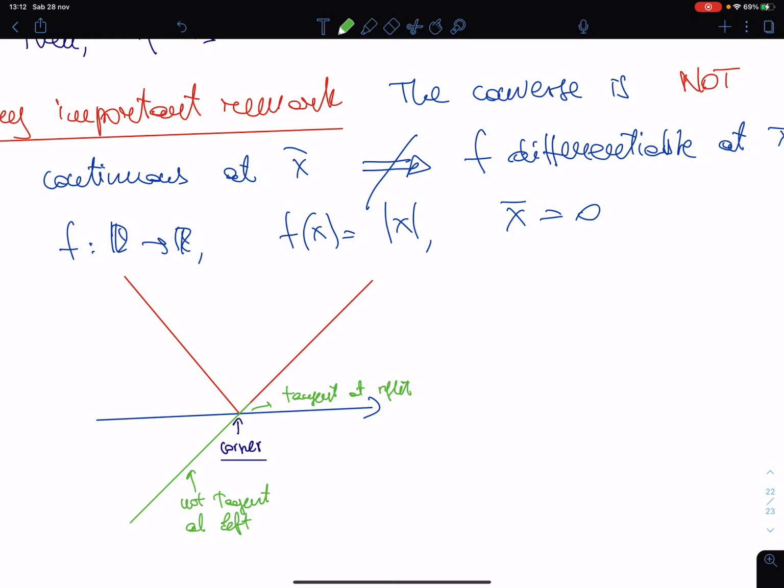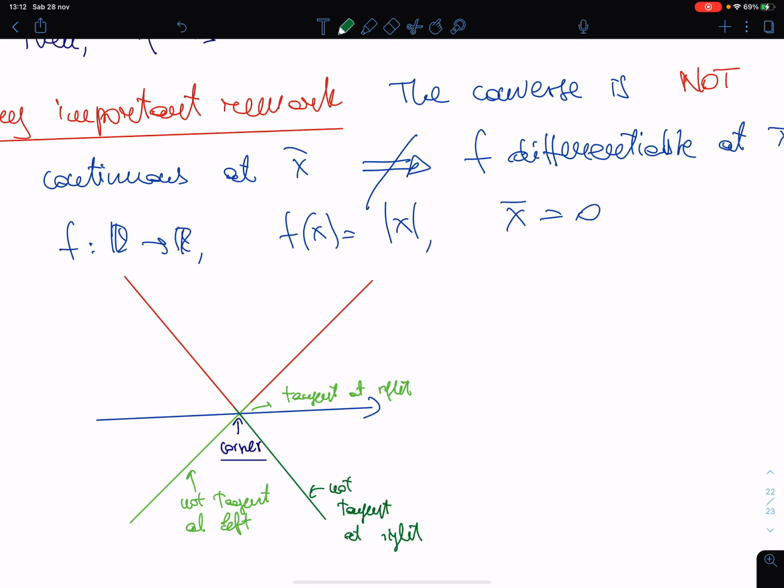And vice versa, if you come from the left, you may guess that the tangent here is this. But this is not tangent at right. And this is tangent at left.